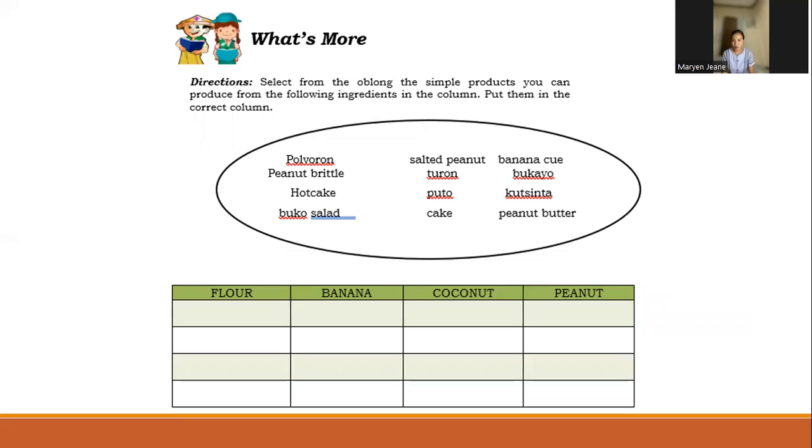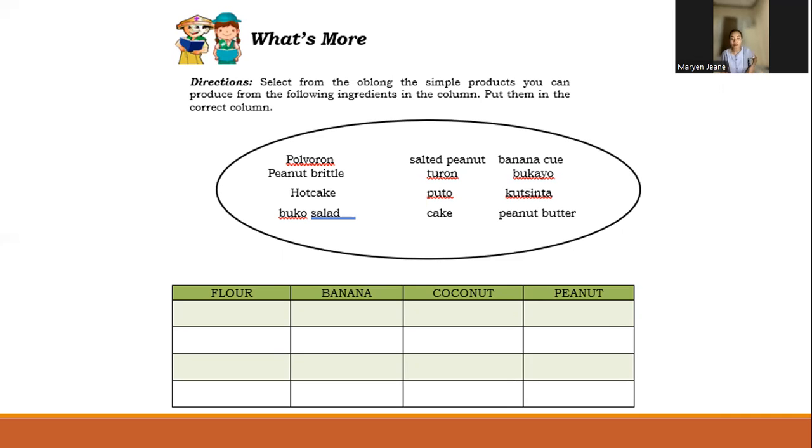The directions say, select from the oblong the simple products you can produce from the following ingredients in the column. Put them in the correct column. Inside the oblong, there are words. There are 1, 2, 3, 4, 5, 6, 7, 8, 9, 10, 11, 12 words.